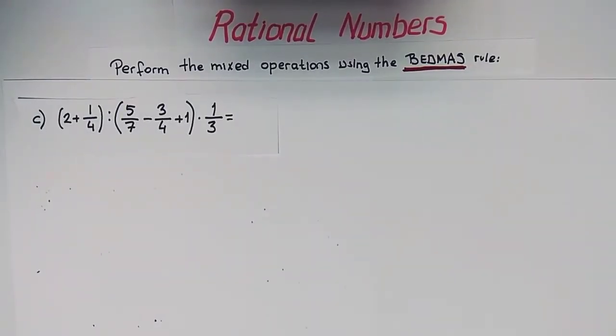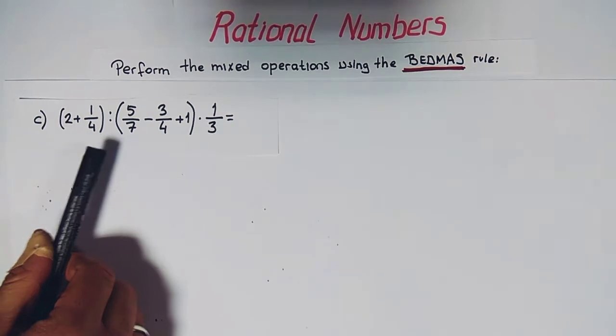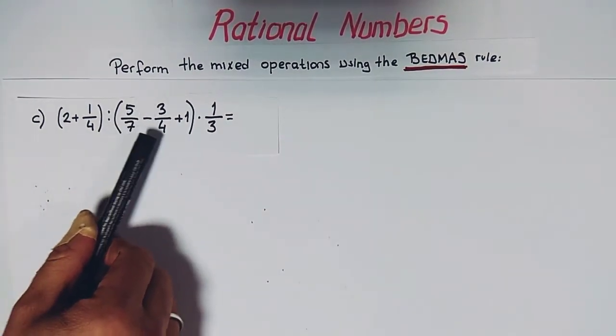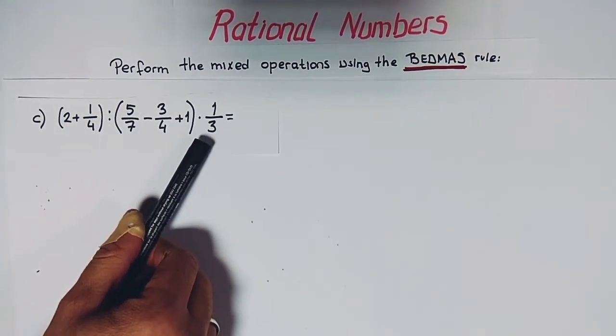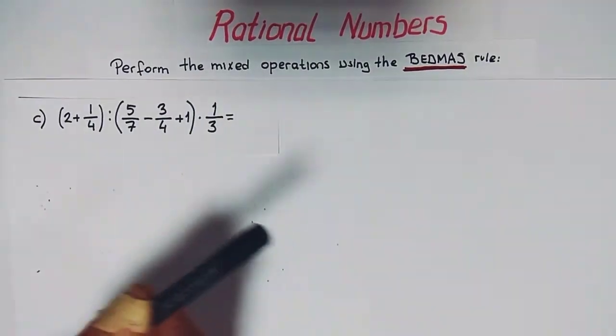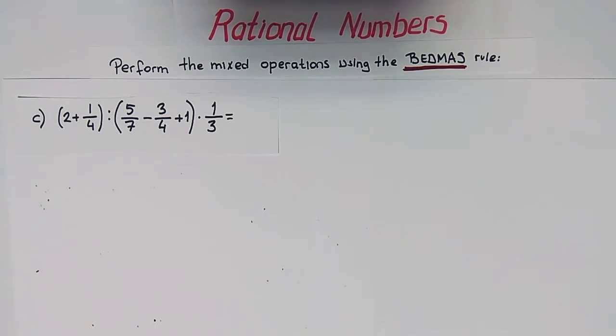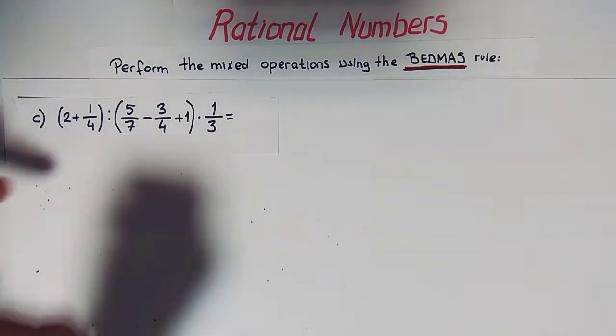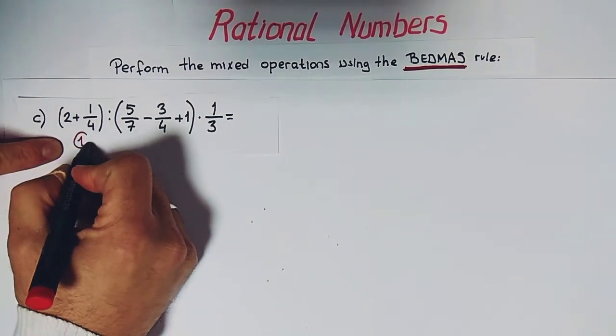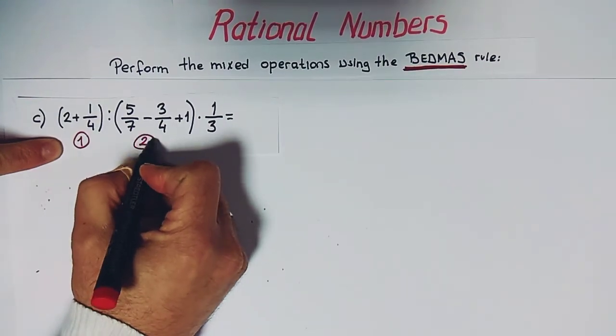Now let's solve this one. 2 plus 1/4 divided by 5/7 minus 3/4 plus 1, and then times 1/3. BEDMAS rule, so brackets first. Let's do it like this. We number the brackets 1 and 2.